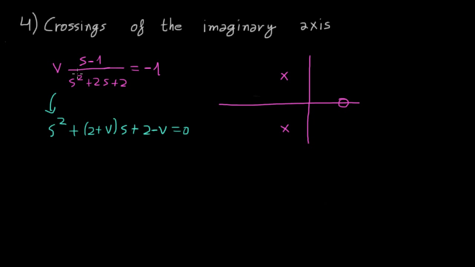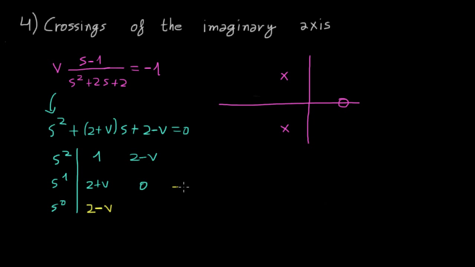It is easy to get from this to this arrangement, and from that we can write the root array in which the parameters are 1, 2 plus v, 2 minus v, and 0. And now it is very simple to finish it, because this has to be 2 minus v.